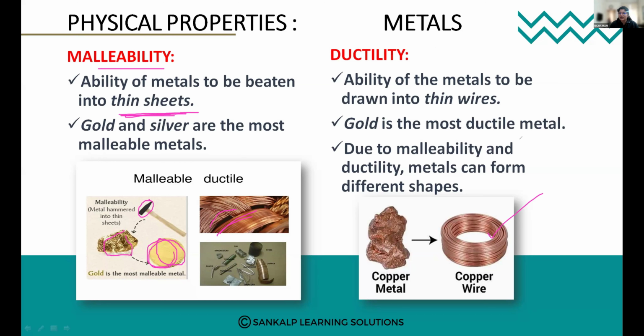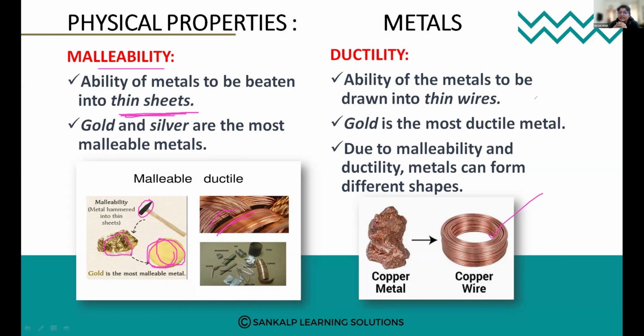Inside the electrical wires, outside there will be a rubber coating, in red, blue, yellow or green color. But if you see inside that rubber coating, what will be there? Thin copper wire will be there.